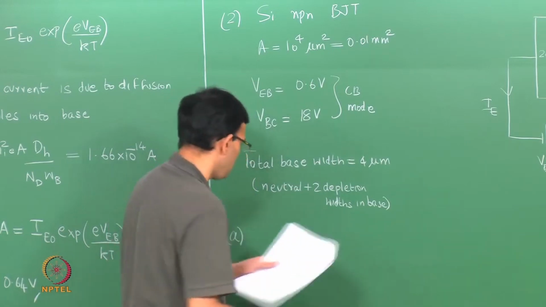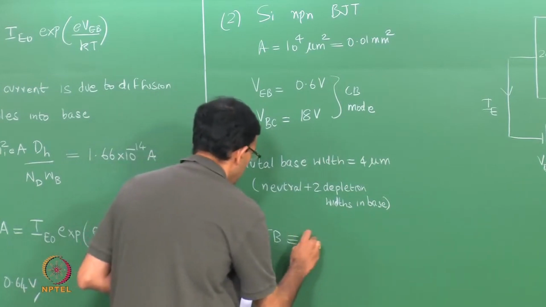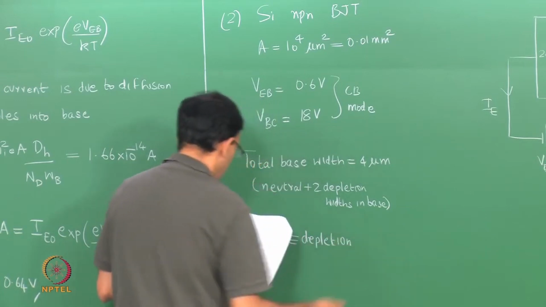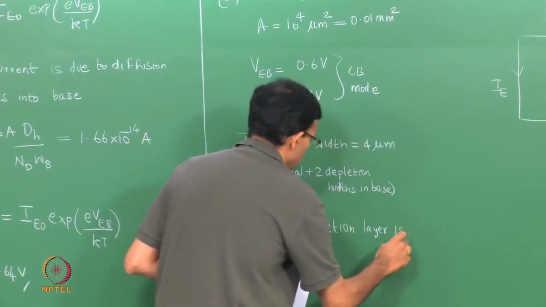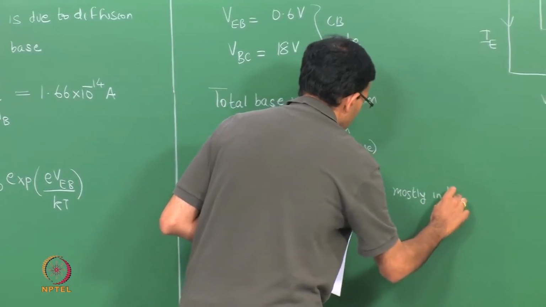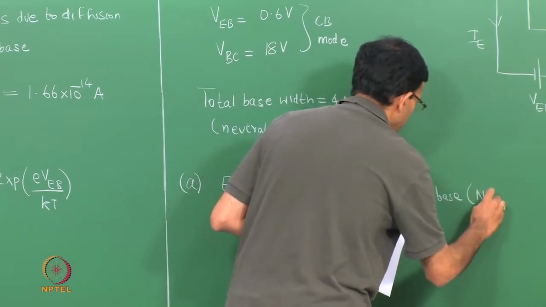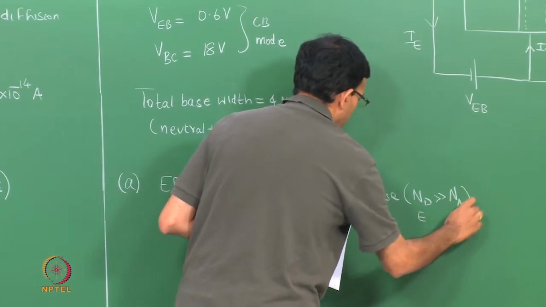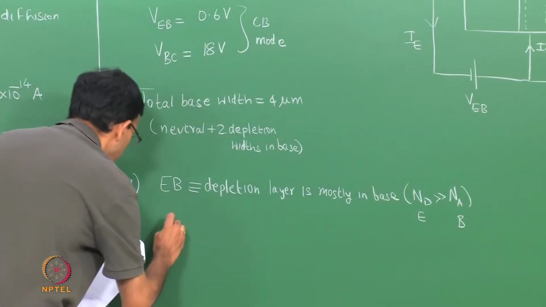So, let us look at the emitter base, EB. Here the depletion width is fully in the base, and this is because ND in the emitter is much greater than NA in the base. Then we can use the formula.